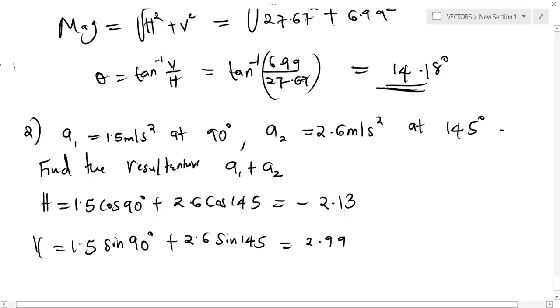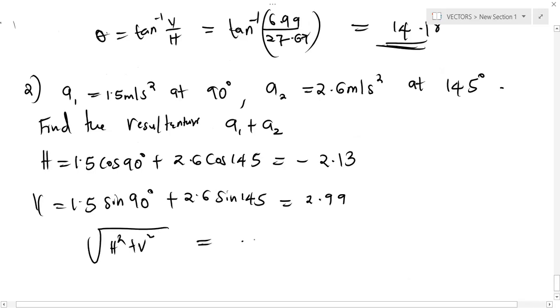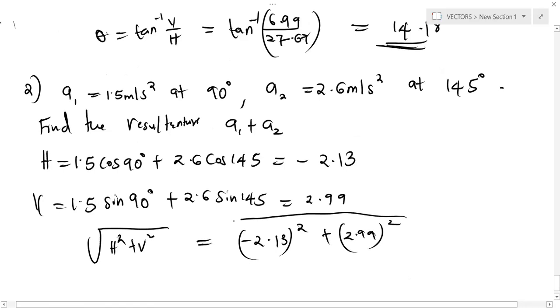So we can get the magnitude of the resultant vector. The magnitude will be the square root of h squared plus v squared, which gives us the square root of minus 2.13 squared plus 2.99 squared. If you do this, you will get 3.67 meters per second squared.